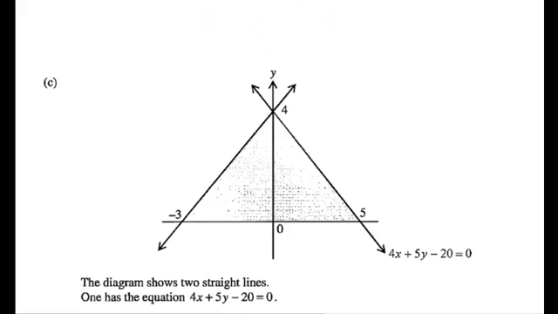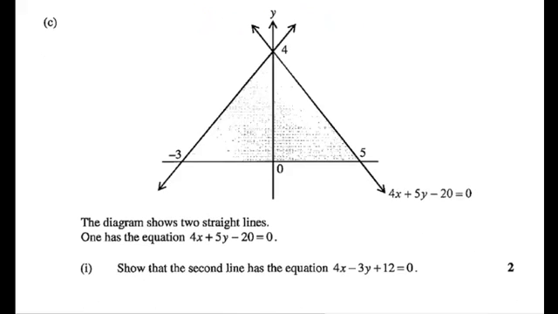Alright, C, we've got some coordinate geometry here. Now, I think a lot of people were a bit freaked out by the diagram, but actually it's not a complicated question. You just had to think carefully about what you had to do. So part 1 says, show that the second line has the equation 4x minus 3y plus 12 equals 0. So this is your second line.